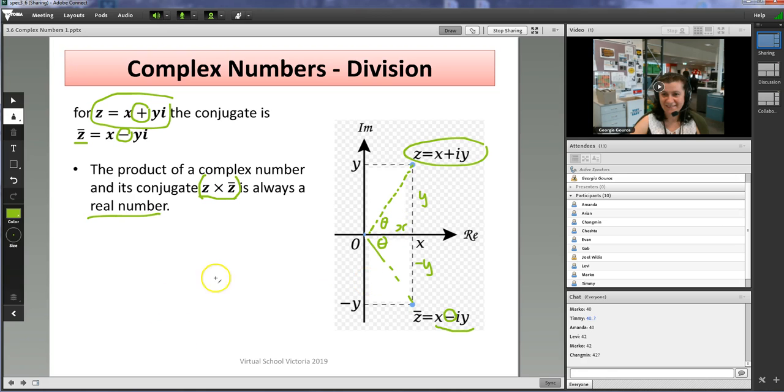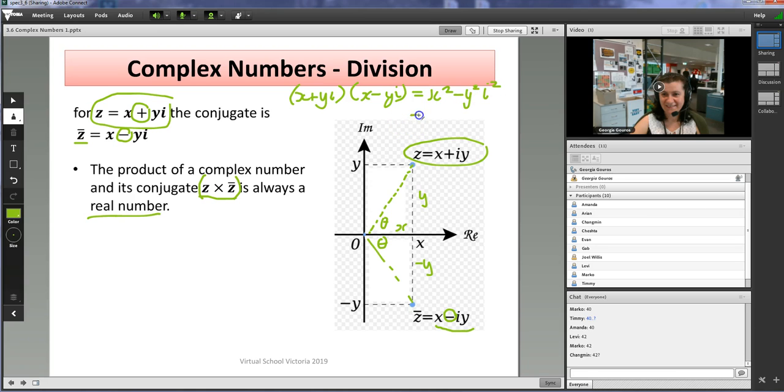Okay. So that's an interesting property. If we multiply those two together, even if you do it yourself, you'll see that you end up with a real number. So if you just do the algebra yourself here, x plus yi, x minus yi, that's a difference of squares, you're going to end up with x squared minus y squared i squared.